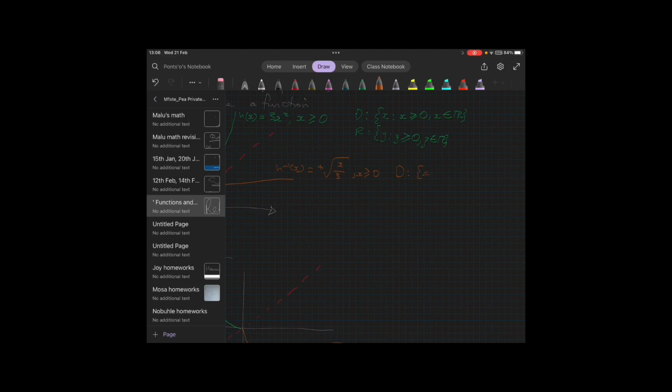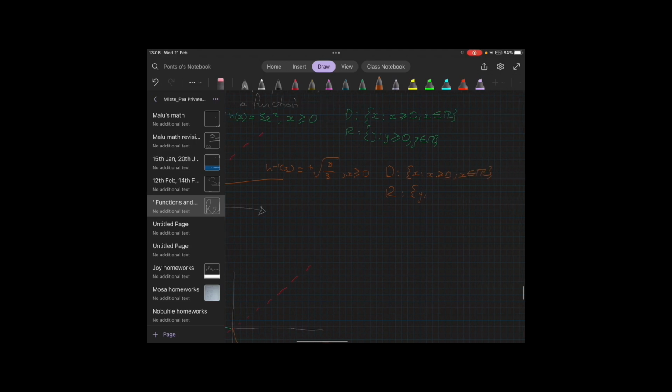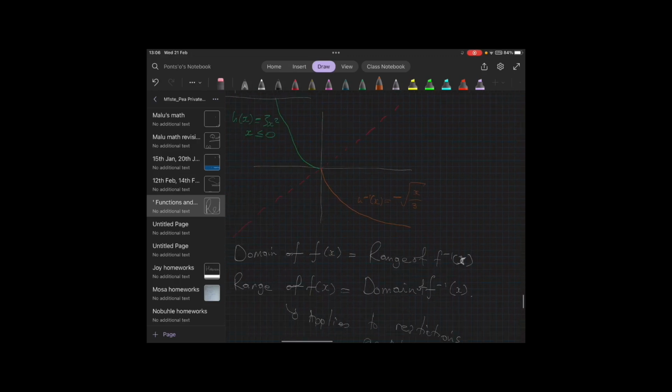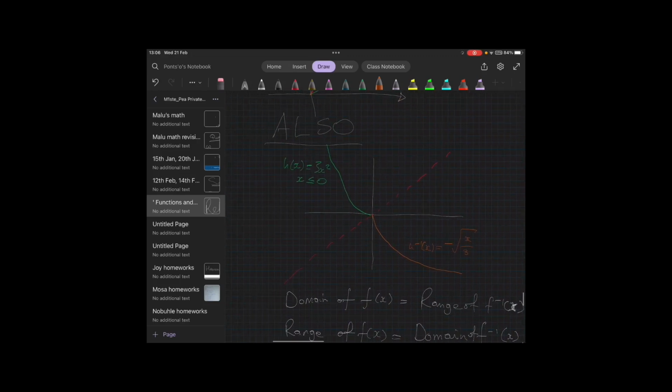And I guess likewise here, domain would be set of x values such that x is positive and it's an element of real numbers. The range is also set of y values such that y is positive and an element of real numbers.